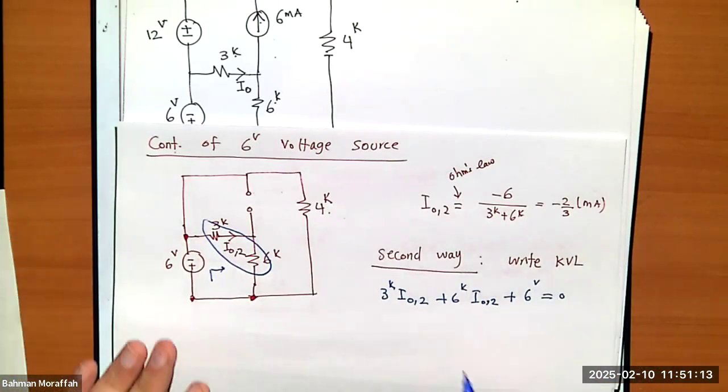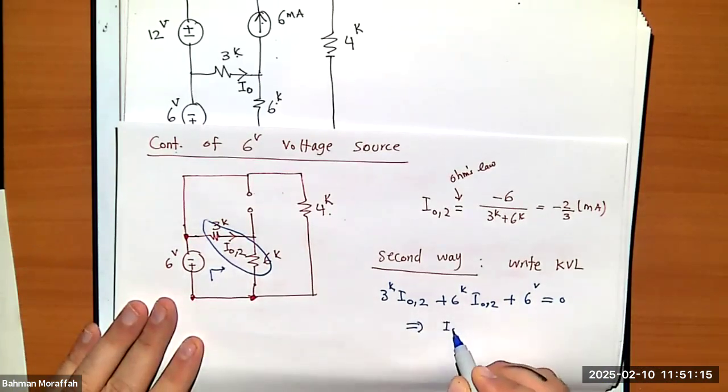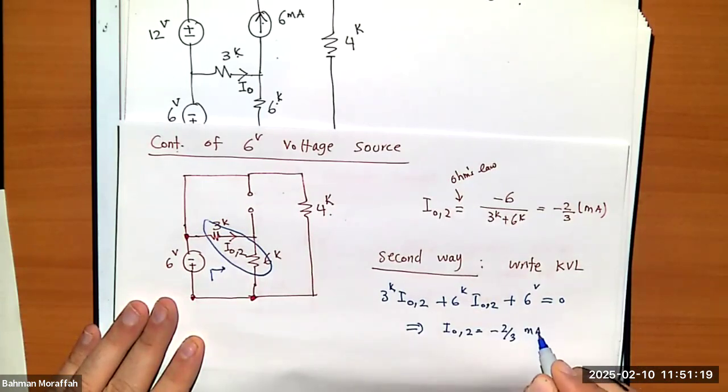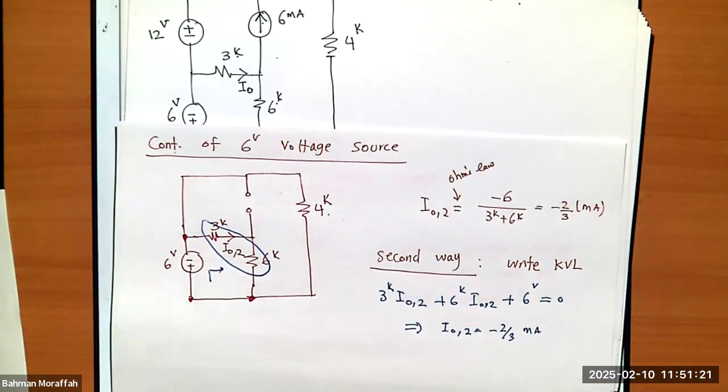Right? Therefore, I02 is minus 2/3 milliamps. Right? That's another way. Is that clear what's going on here? Is that clear why these two are in parallel with this guy? Yes? No?